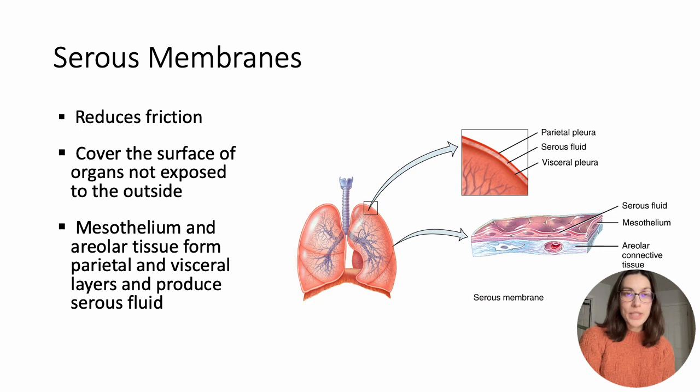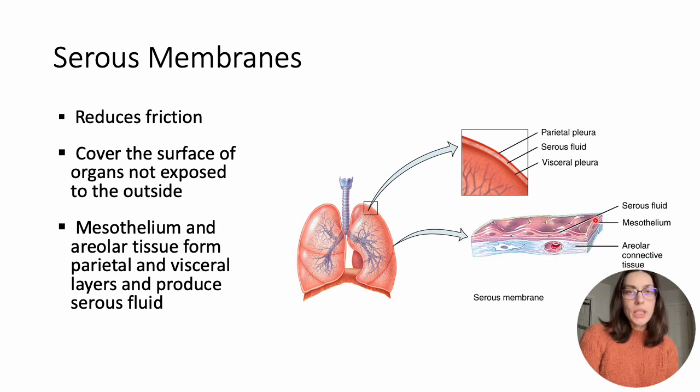You're already familiar with serous membranes, and they line our viscera. The purpose of these membranes is to reduce friction in general. They are really thin, one layer of simple squamous epithelial cells that rest at their basement membrane on areolar connective tissue.